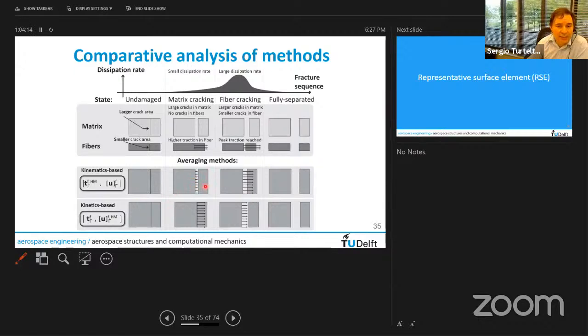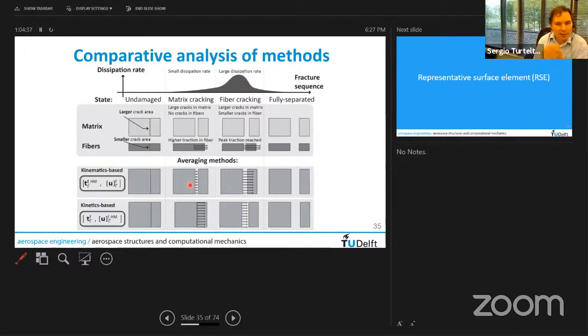And so the kinematics are telling you that there is a big crack, and the problem here is that the big crack is in the matrix, but not the traction. The traction is being transmitted by the fibers, where the opening is not even there. It's very small. So you are multiplying two things which are not connected with each other.